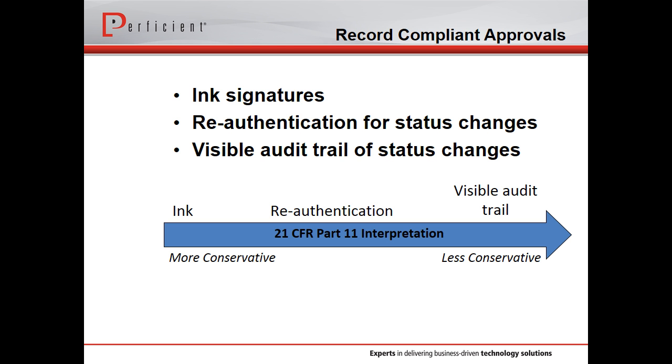The re-authentication method, of course, captures the username and password each time, so it ensures that the correct user is essentially signing the trip report. So again, in the demo we're going to show you that full re-authentication piece, the full electronic signature piece around the submission and approval of the trip report.